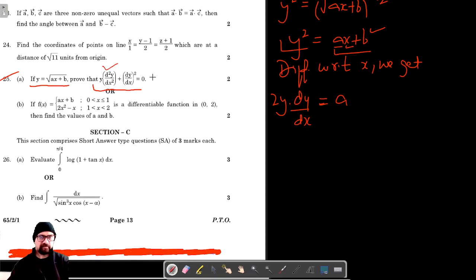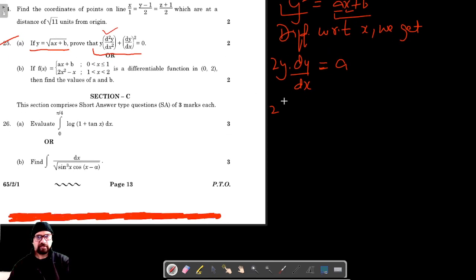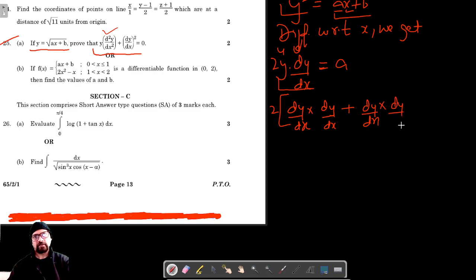And we have to get the second order derivative, so let's differentiate it once again. Let's take 2 common, and this is u into v, so it's second function into differentiation of first, which is d2y by dx square, plus first into differentiation of second function, dy by dx into dy by dx.